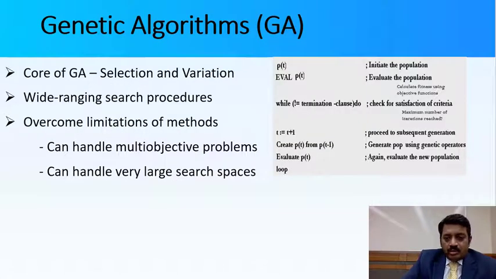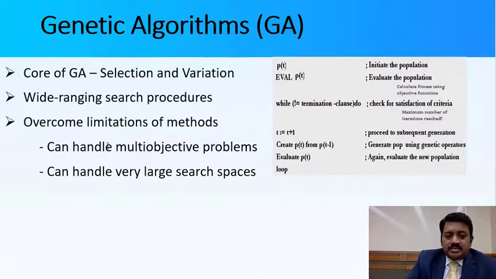So with that background on virtual reality, let's now look at the genetic algorithm component. Typically with genetic algorithm, there are two important aspects. One is called selection, the other one is variation, very similar to how the evolutionary process works within a human population.